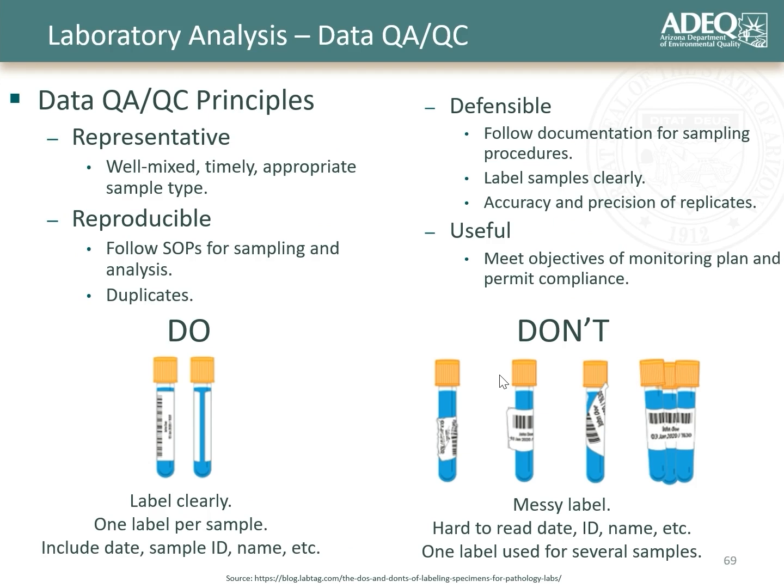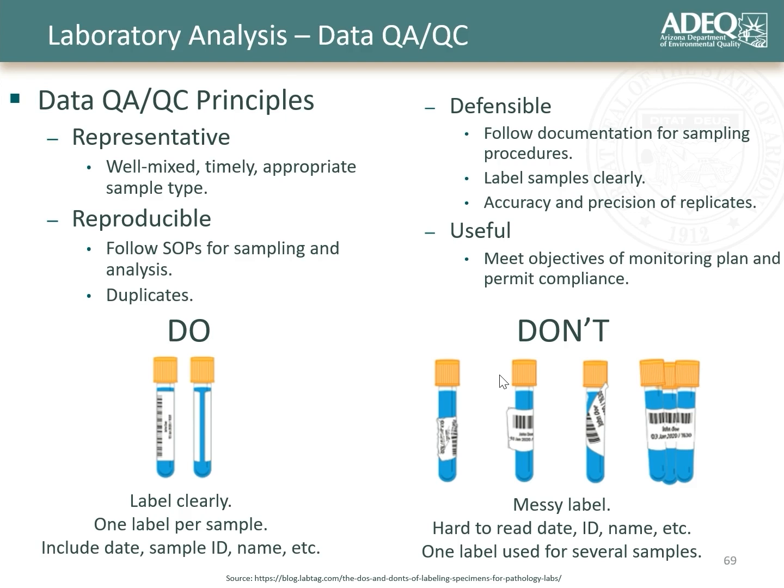For any laboratory analysis, proper QA/QC principles are important. First, make sure your samples are representative of what you're collecting. Make sure they're well mixed, timely, and sampled at the right location. You want to make sure that the samples make sense. Also, you want to make sure they're reproducible, so doing duplicates and following standard operating procedures are very important.